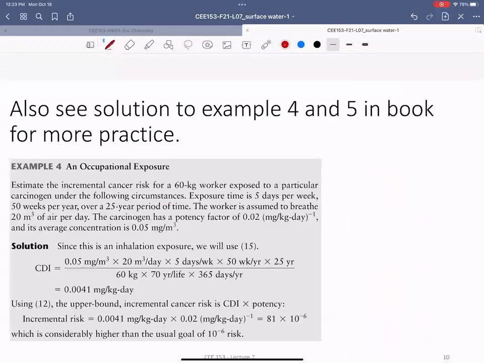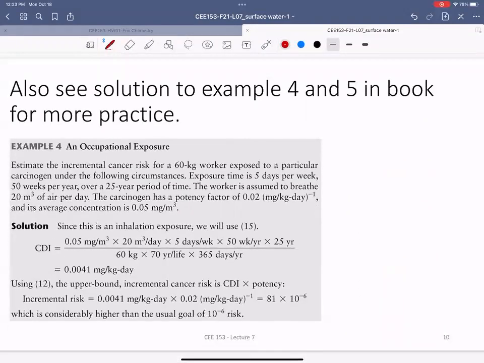If your next question says this person is inhaling air with this concentration of that particular pollutant, and that person is inhaling 20 cubic meters of air per day, and that person is working 5 days a week in that particular environment, which is toxic. So that means 5 days a week is the exposure. And then, for a year, how many weeks in a year?